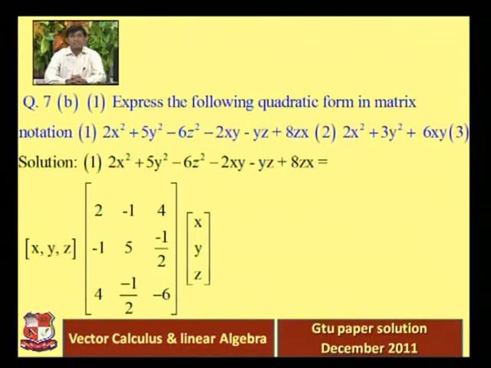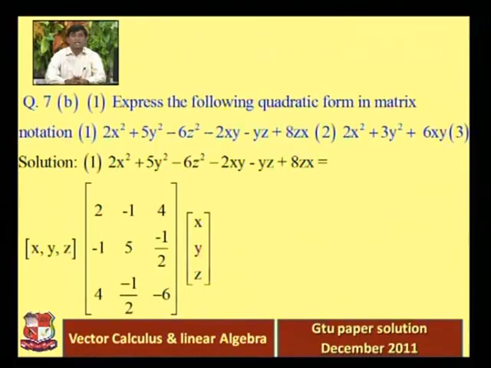Now the coefficient of yz is minus 1, so divided by 2, that is minus 1 by 2. The minus 1 by 2 goes in the places a23 and a32 in the matrix, that means second row third column and third row second column.